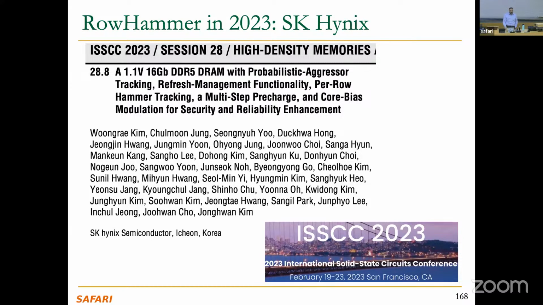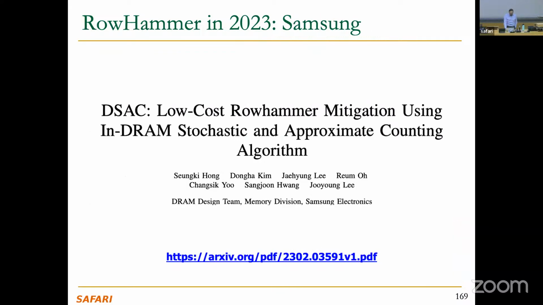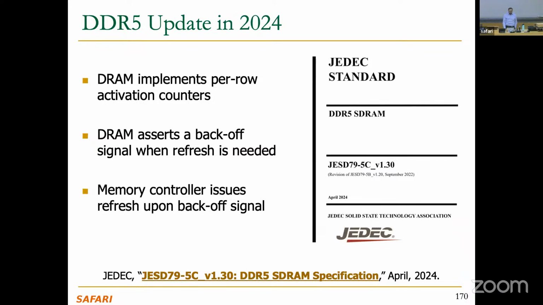Then in 2023, we had the first paper from a DRAM manufacturer, SK Hynix, showing a similar proposal that dedicates a counter per row inside the DRAM chip and detects RowHammer that way. There's another similar paper from Samsung. And this is a very recent advancement in this problem, less than a month old, basically.